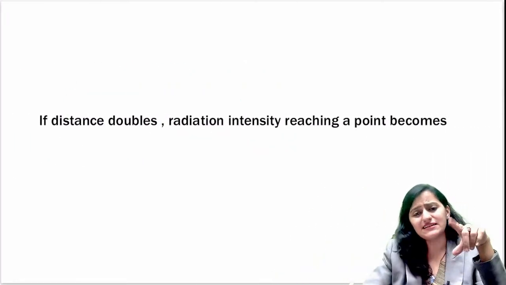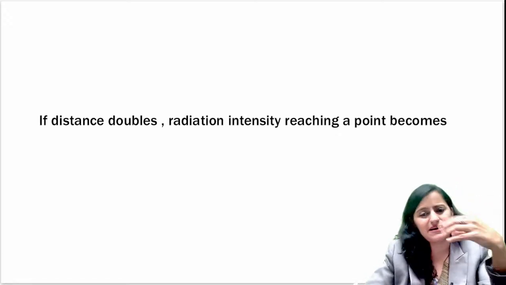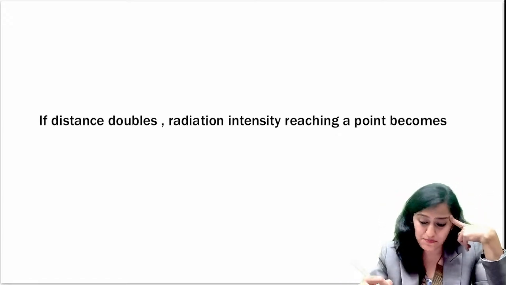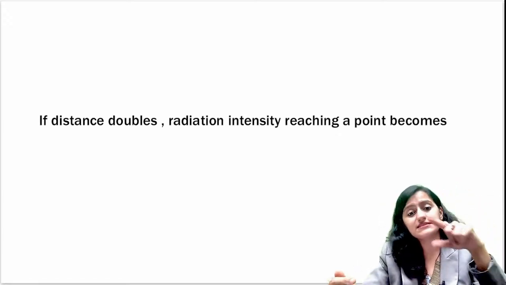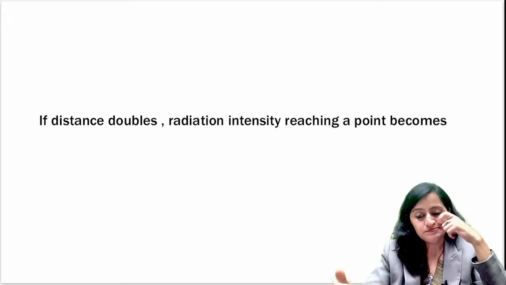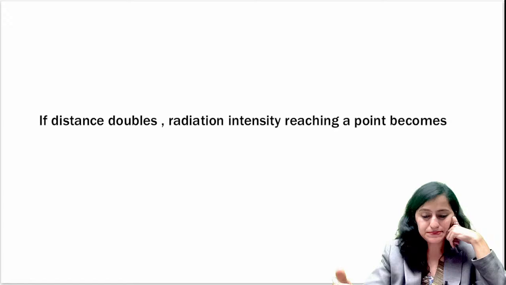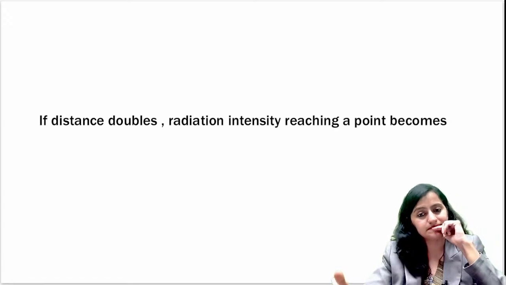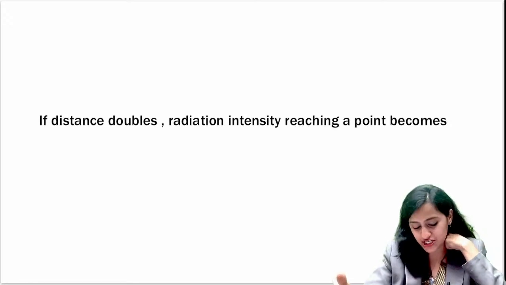Next, this has been asked in both your NEET PG exam, INI-CET or FMG, important. If distance doubles, radiation intensity reaching a point becomes how much? Is it going to be just half, Dr. J?